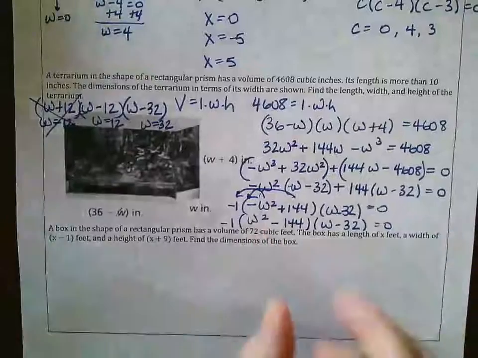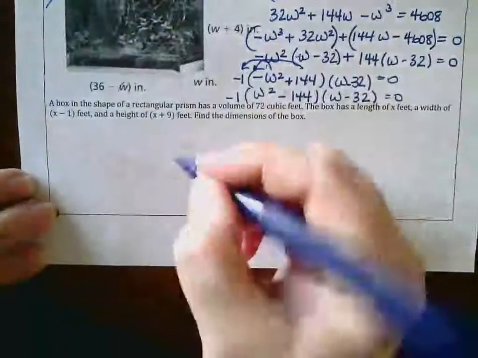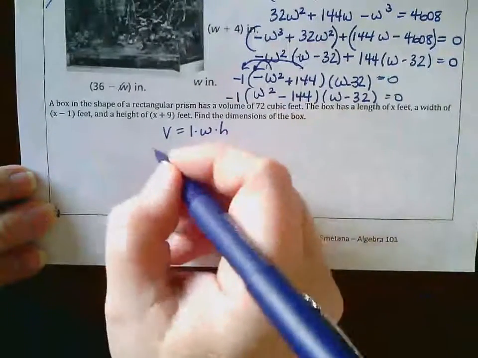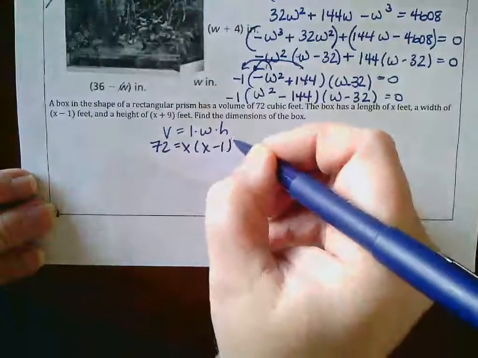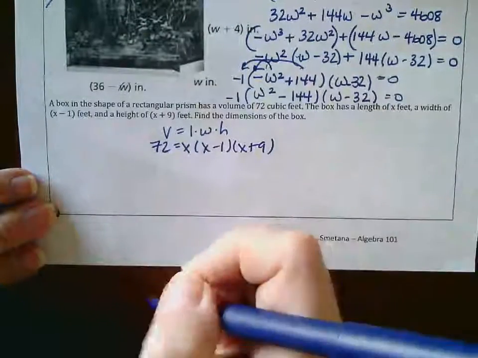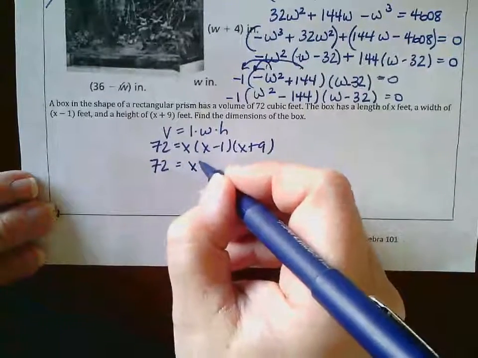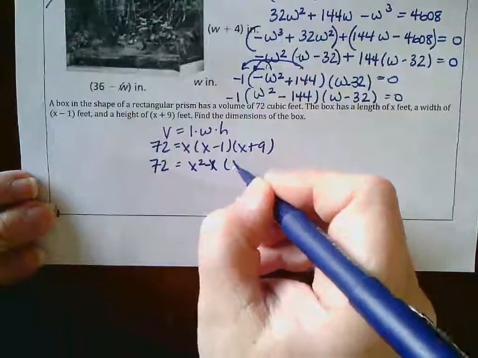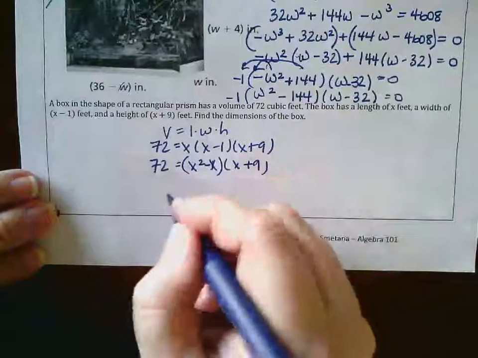Okay, so this one is similar. Volume equals length times width times height. 72 equals x times x minus 1 times x plus 9. 72 equals x squared minus x times x plus 9. I'm just multiplying it out slower this time.